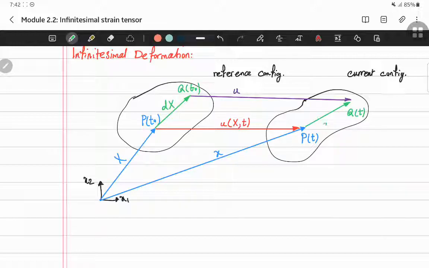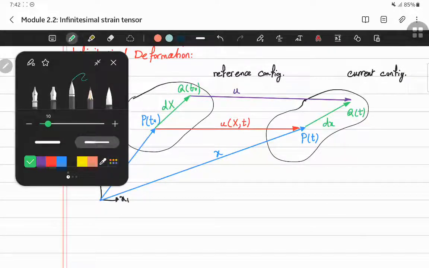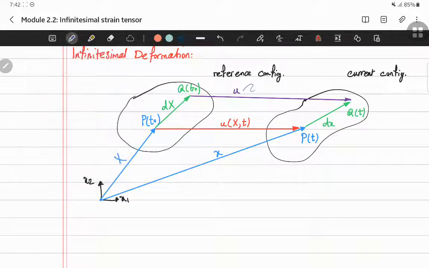This one is changing by small dx. Therefore, we have this u of X plus dX and t in here.